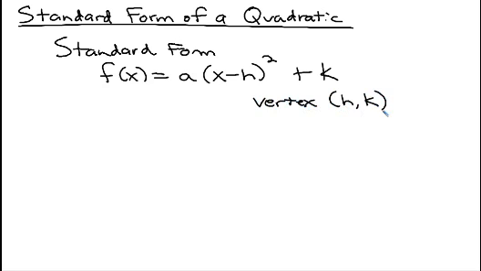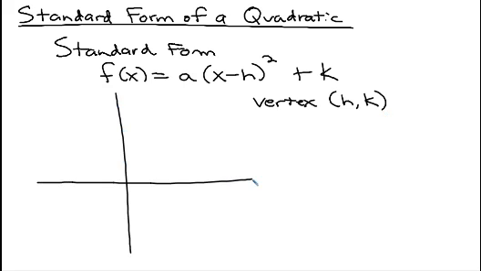So when we get the quadratic in this form, the h and the k tell us the vertex. And remember what the vertex is. If I have some quadratic, the vertex is this low point down here, if it's upright.